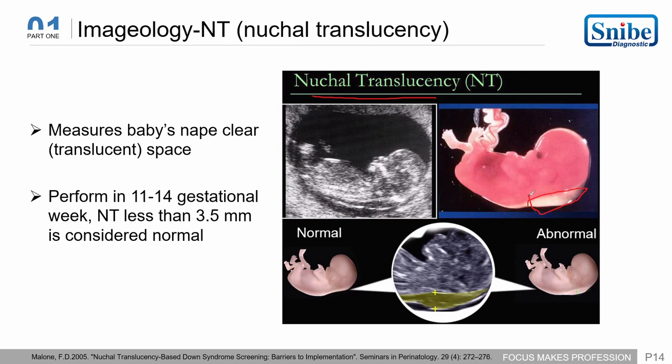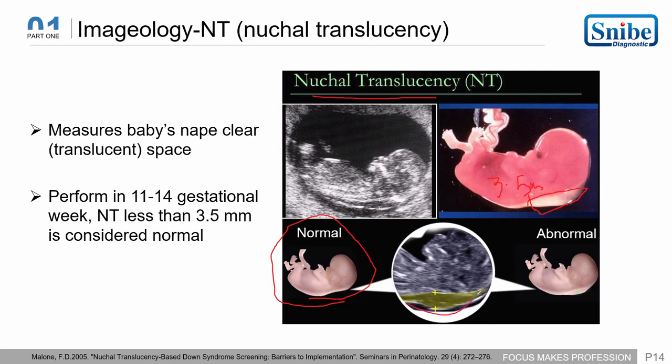If the nuchal translucency is less than 3.5 millimeters, it is considered normal. This is a normal baby in the ultrasound image of a fetus.